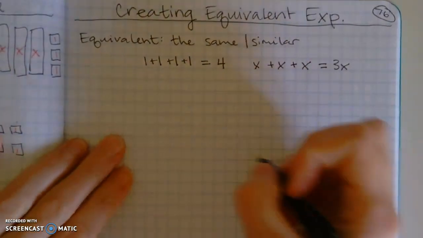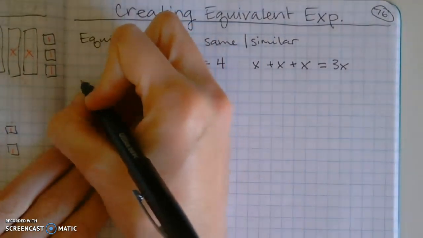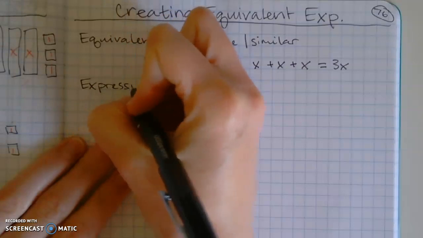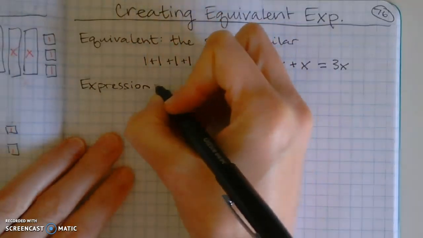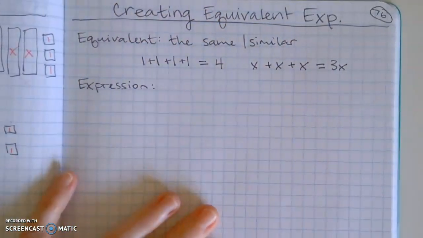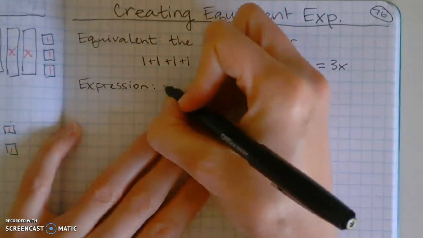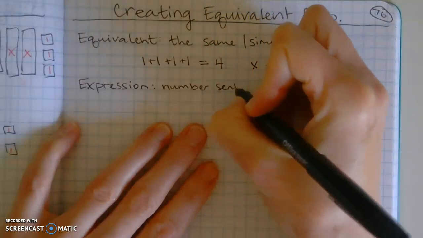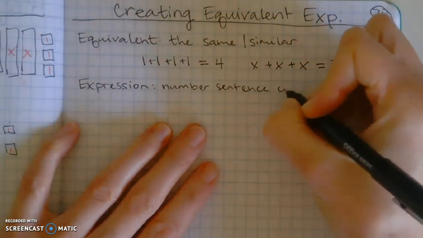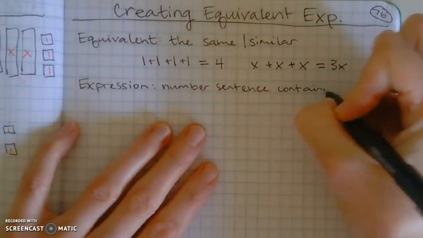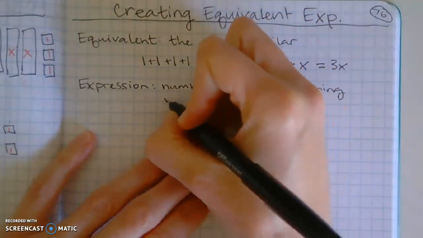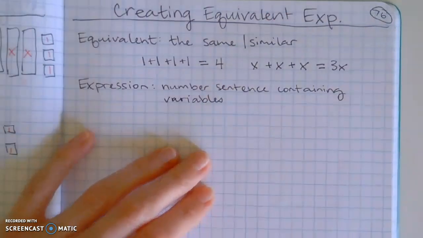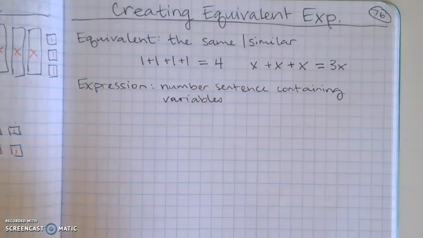Now let's talk about the difference between expression and equation. An expression is a number sentence containing variables, but it doesn't have the answer.